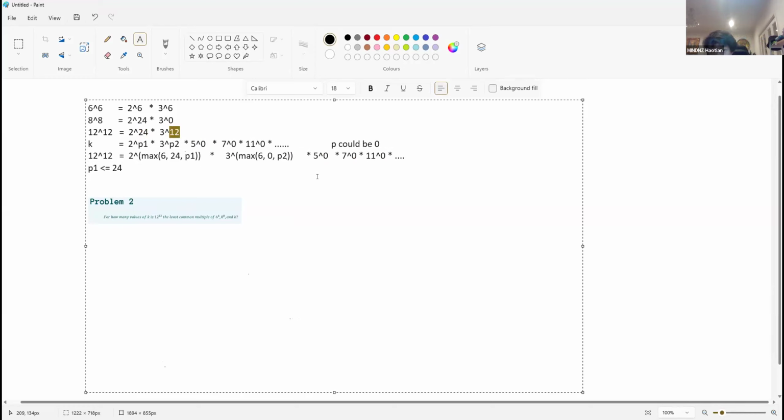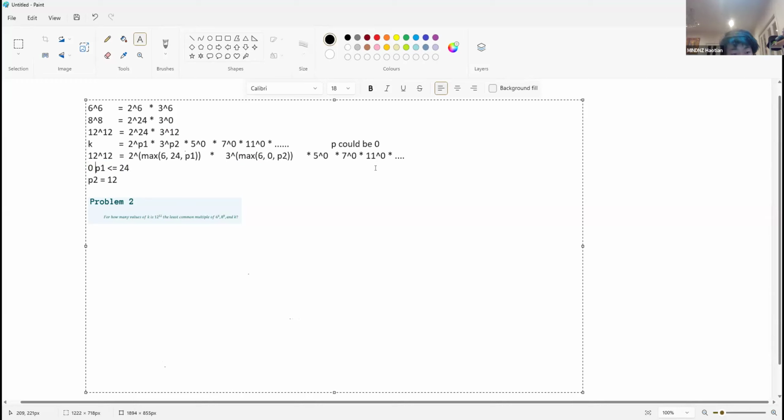So if we think about it, what does that make p2? One of these numbers has to be 12, right? If 12 is the maximum of these three numbers, then one of them has to be 12, and these two aren't. So that means p2 is equal to 12. And p1 is less than or equal to 24.